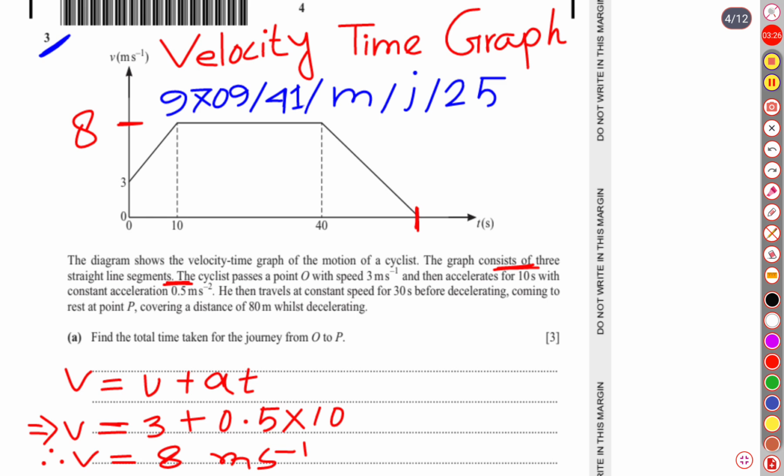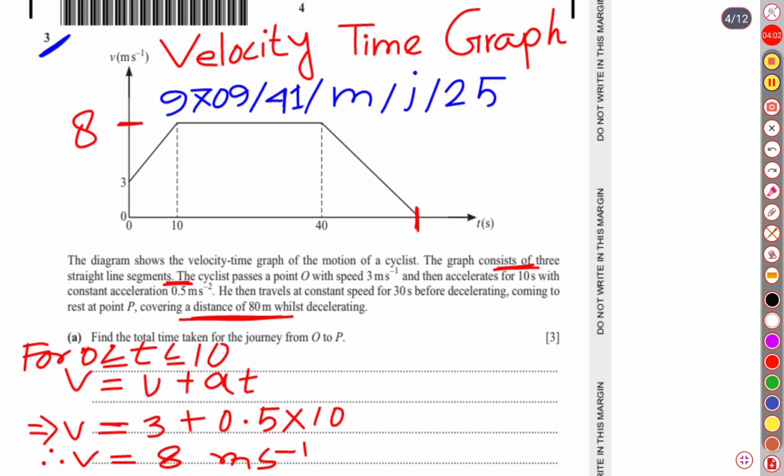Then we will have to use the total distance they have told us. Look at this. When it was decelerating, the total distance traveled by this cyclist was 80 meter. Let us suppose the final time to be T. The first part was for what time? 0 until 10 seconds.